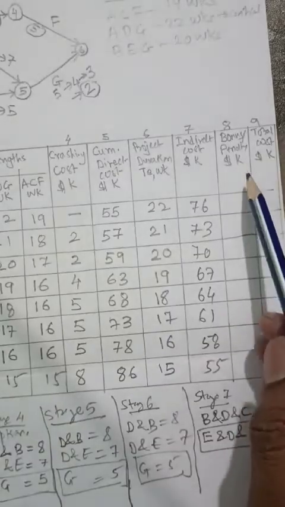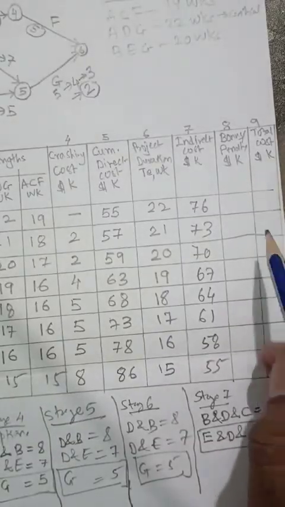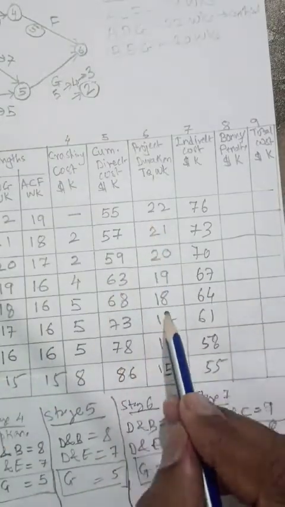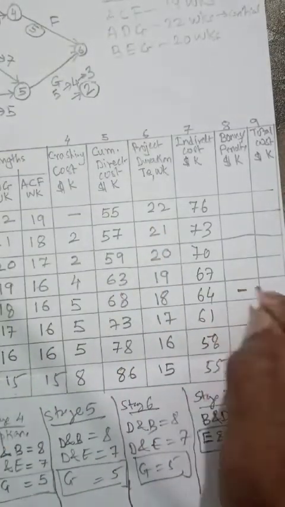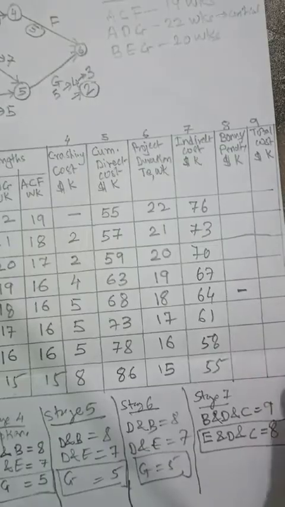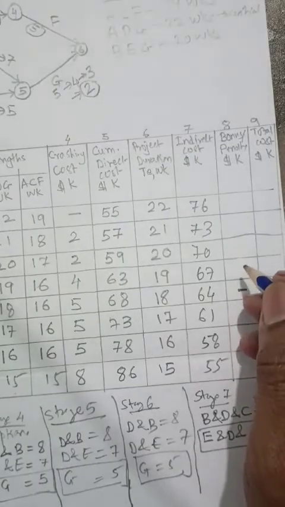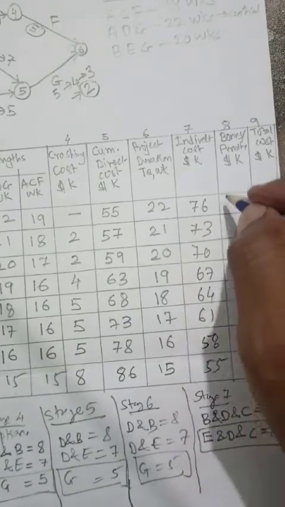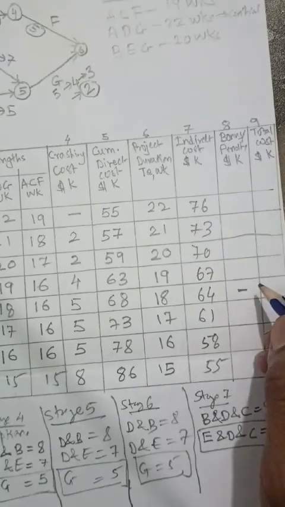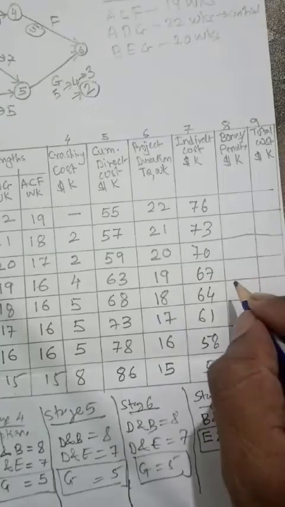Now the bonus or penalty, they have clearly mentioned that at 18 weeks there is no bonus, no penalty. If you are going beyond that, that means all the project durations above it, there will be a penalty of 1000 each.